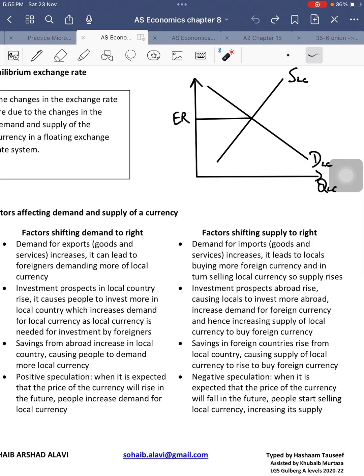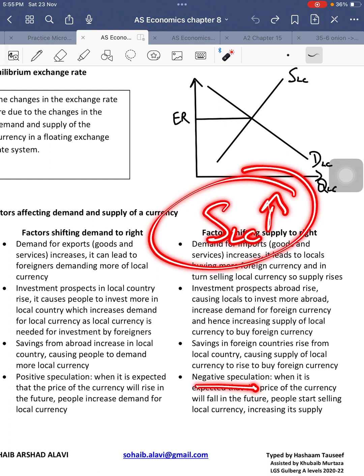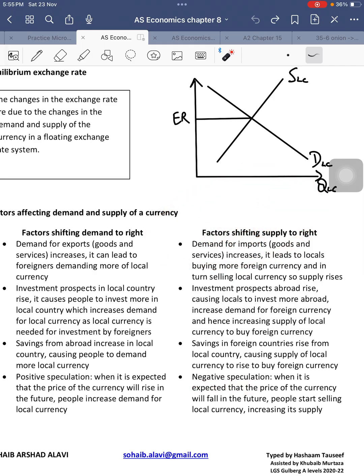Which means negative speculation increases the supply of the local currency because we expect the value of this currency to fall in the near future. So the supply of the local currency will rise. These are the factors that cause a shift in the demand and supply of the local currency.